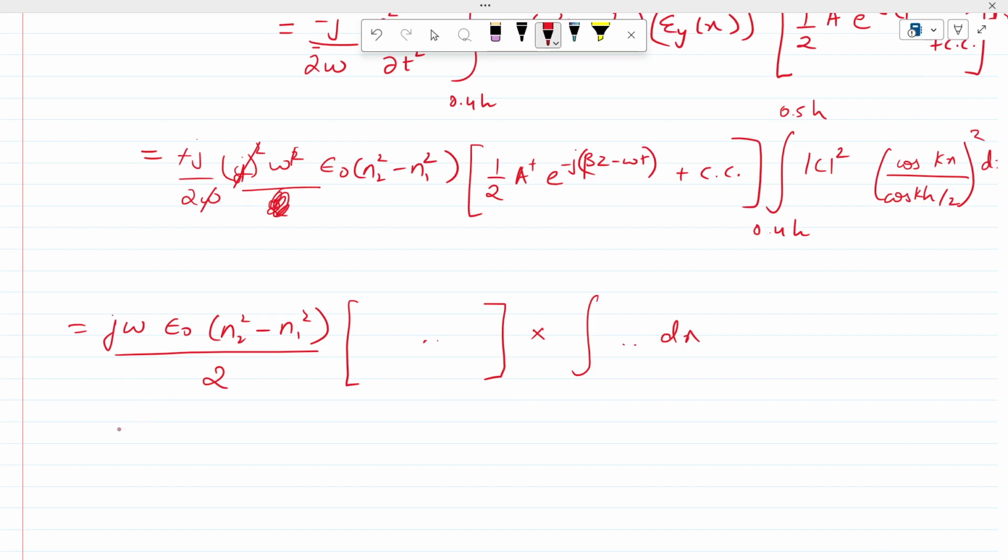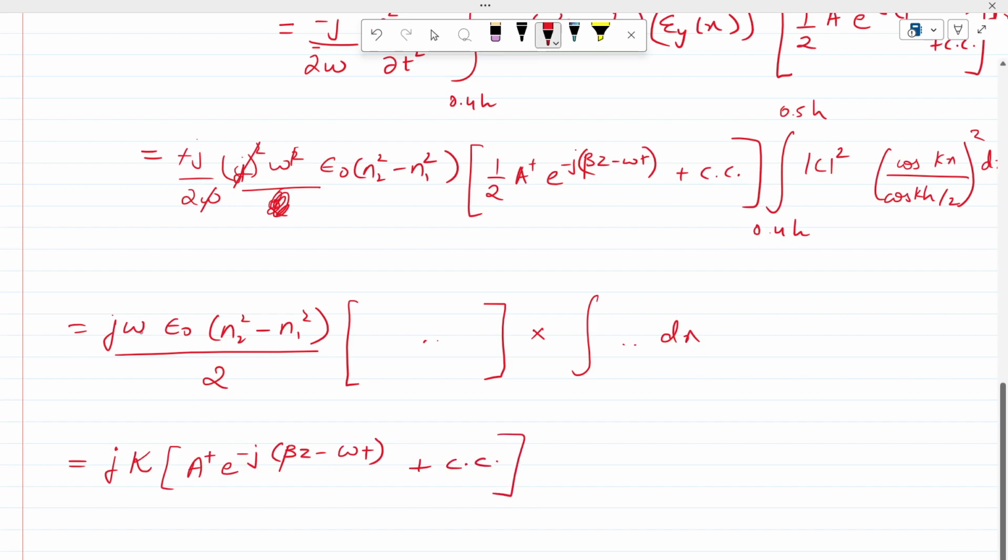Okay, so all these things I can write as j times kappa times the forward propagating amplitude, the oscillating term e power minus j beta z minus omega t, plus complex conjugate.